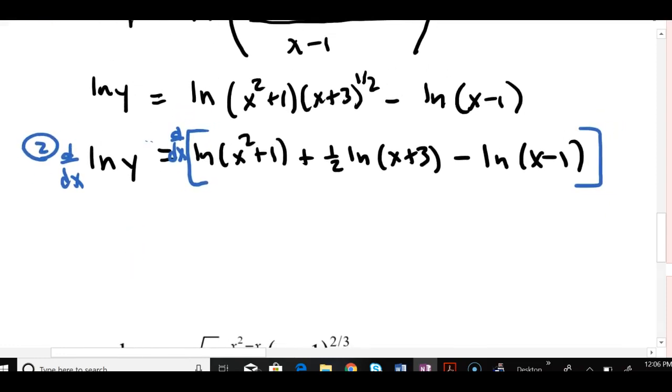On the left side, we need to use the chain rule, right? d/dx of ln y. So this is the argument. Using the chain rule version for the derivative of ln, it's going to be 1 over the argument. So in this case, 1 over y, times the derivative of the argument. The derivative of y with respect to x, that's just going to be dy/dx.